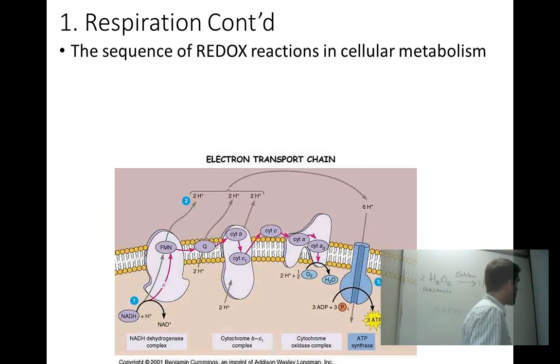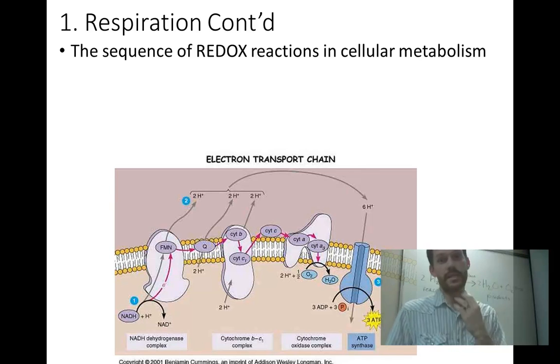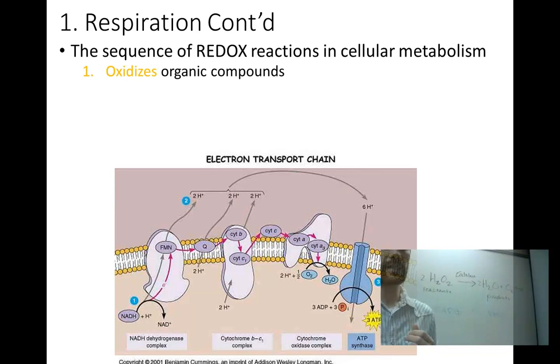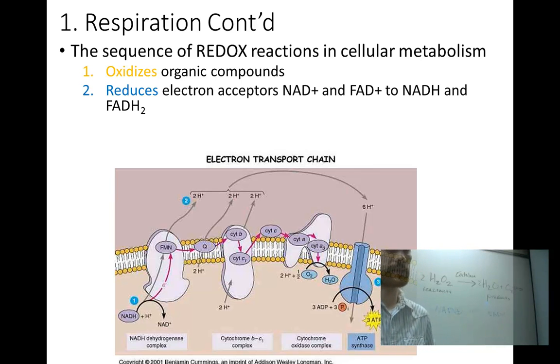All right, the sequence of redox reactions in cellular metabolism oxidizes organic compounds. So you're taking glucose or your lipids and you oxidize them, so you're taking electrons away from them and protons.